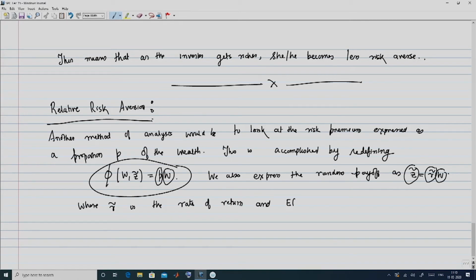Obviously, E of r tilde will be E of z tilde over the wealth W. Since E of z tilde is 0, this is equal to 0. This represents a fair investment.